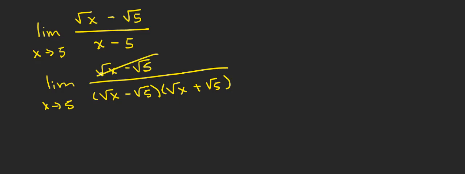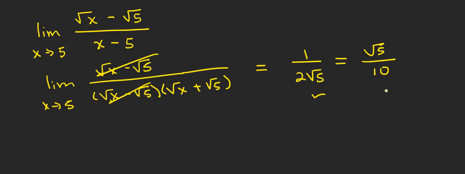So what's going to happen is this will cancel out, and you have the invisible 1 on top. So when you plug in 5, you're going to get 1 over radical 5 plus radical 5, which is going to be 2 radical 5. Now in calculus, you could have a radical on the bottom, so this is fine, but you should also notice that this is the same thing as radical 5 over 10. So one or the other is fine.